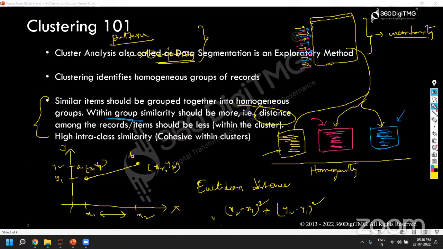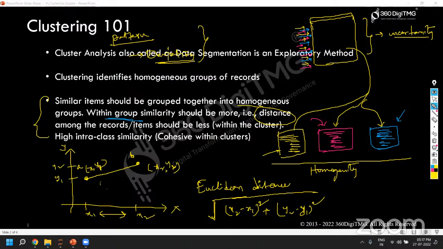But because we are squaring, you also want to bring back the original value by doing the square root of the entire value. After you do the summation, you do the square root. This is called Euclidean distance. And this is how we measure the similarity.